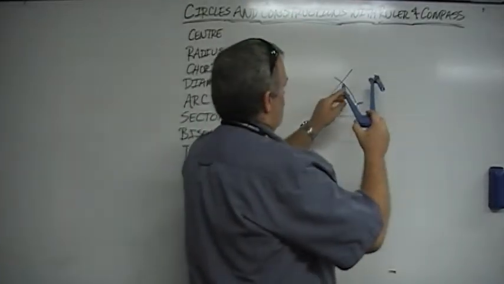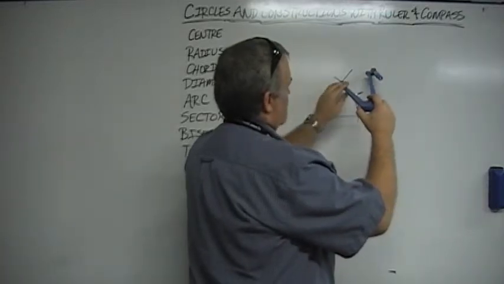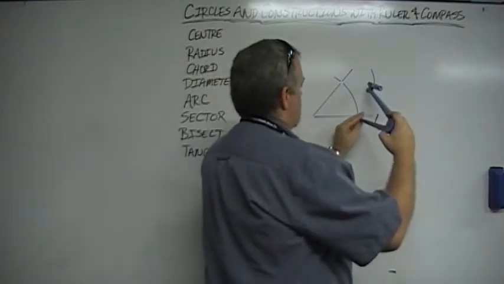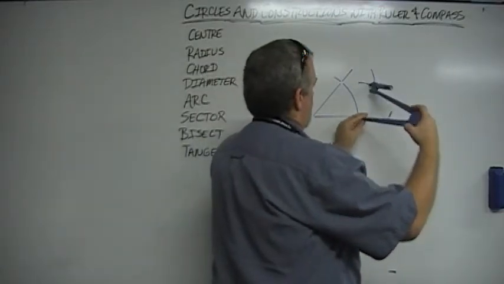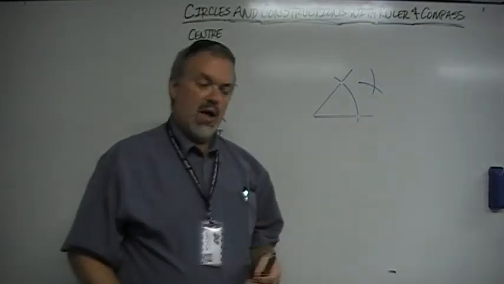First, we're going to put the point on this intersection, and we're going to draw an arc out here. And then on this intersection, we're going to draw another arc here. And as you see, those two arcs need to cross.